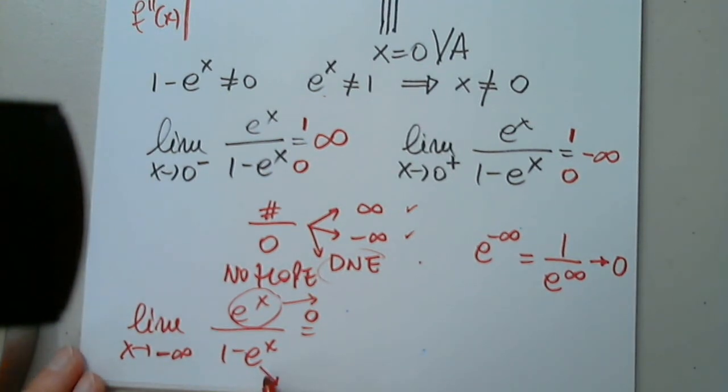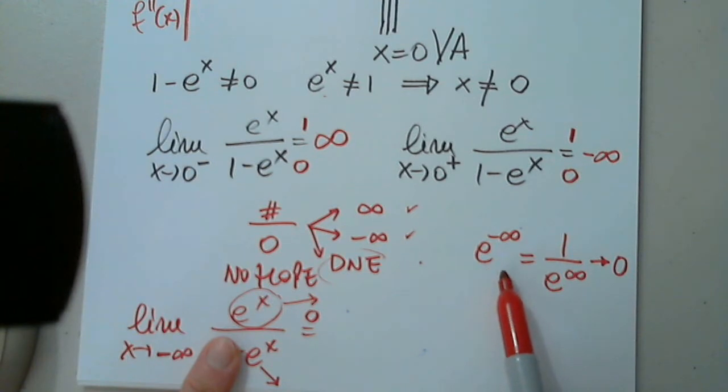So where is this going? It's the same e to the x. When x approaches negative infinity, 0, right?